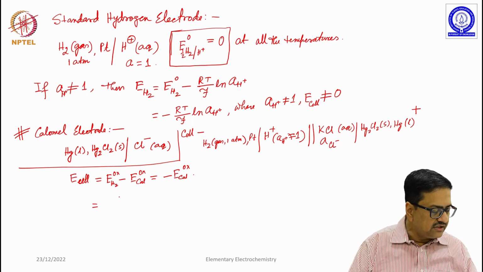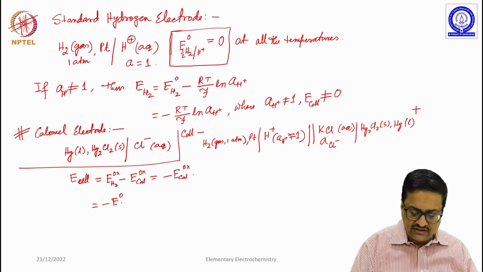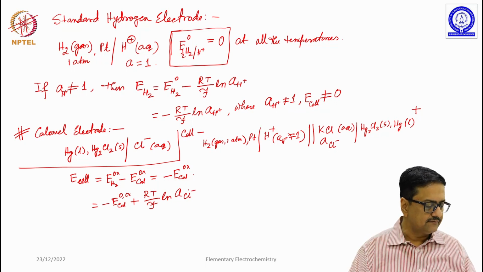So, you can replace it by the Nernst equation. So, one can write minus E0 calomel in oxidation mode plus RT by F ln activity of Cl minus.